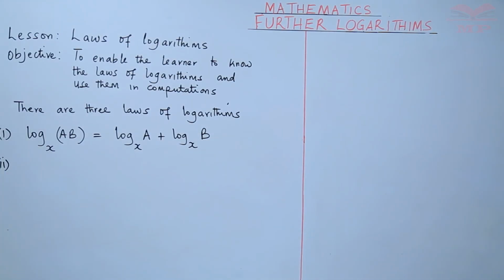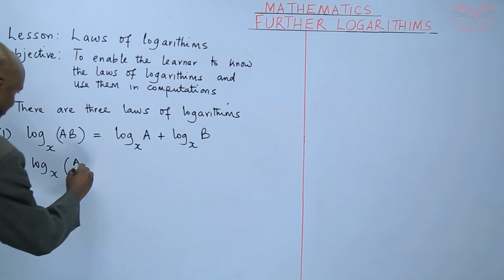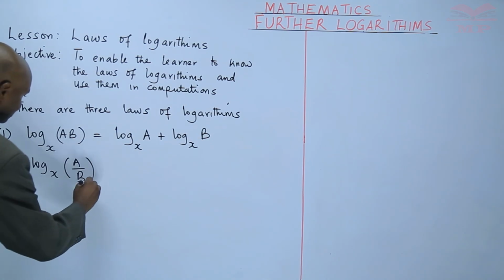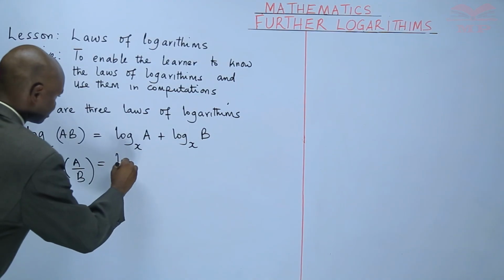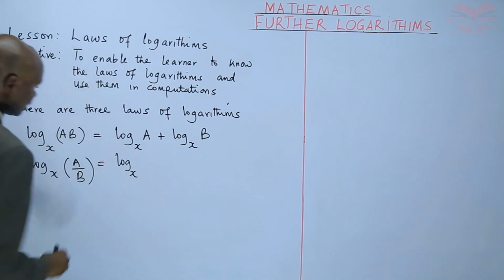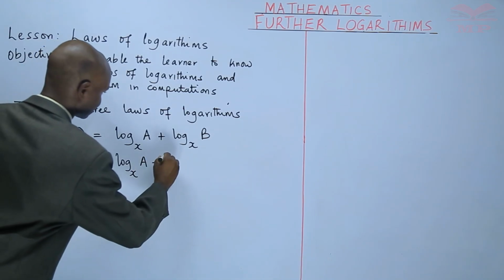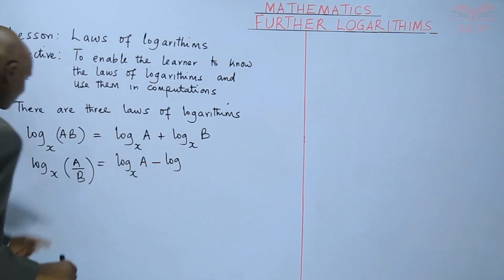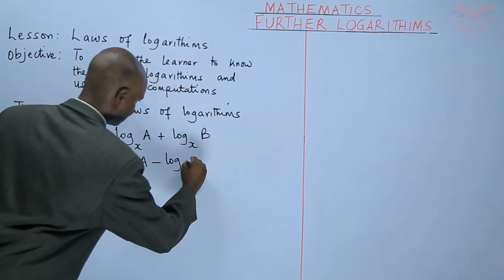The second one, I think you've experienced it. Logarithm to the base x of a divided by b is equal to the logarithm to the base x of a subtract logarithm to the base x of b.